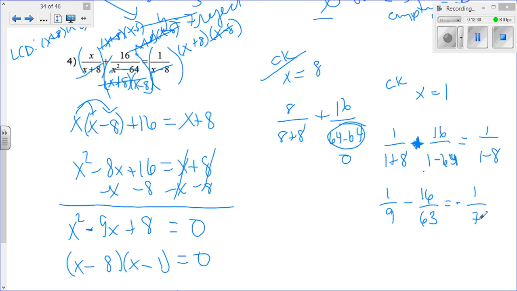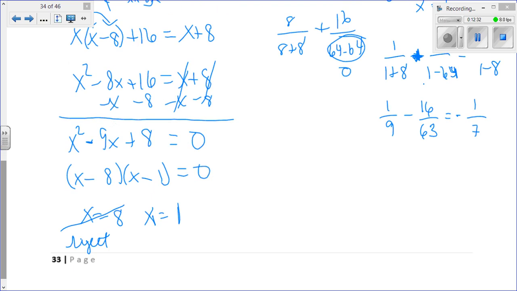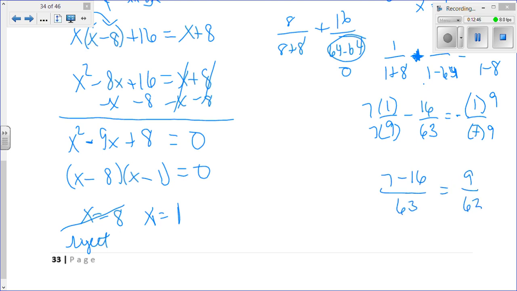My common denominator when I'm adding fractions here is 63. So I need to multiply top and bottom by 7, and this one by 9. So I have 7 minus 16 over 63 equals negative 9 over 63. I will get negative 9 over 63 on the left equals negative 9 over 63.